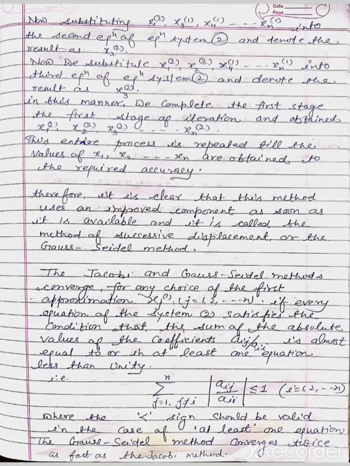Here the less than sign should be valid in the case of at least one equation. The Gauss-Seidel method converges twice as fast as the Jacobi method. We can see this convergence by taking an example in the next lecture.